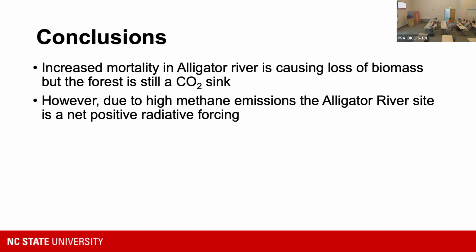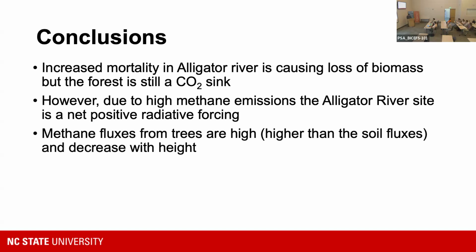However, due to the high methane emissions in Alligator River, the site has a positive radiative forcing, so it's a source of warming at the moment. We also know that at Alligator, the methane fluxes from trees are high, and most of the time higher than the soil fluxes themselves, and that they tend to decrease with height.